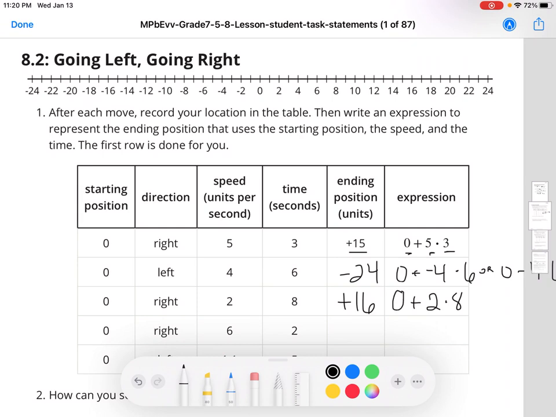Next row, traveling right, 6 units per second for 2 seconds. So your ending position would be positive 12. Expression would be 0 plus 6 times 2.